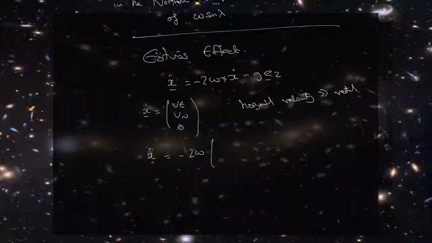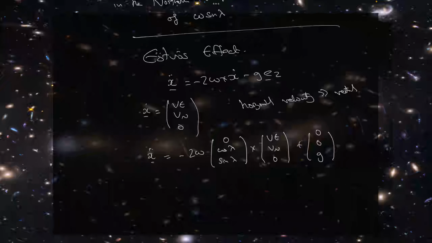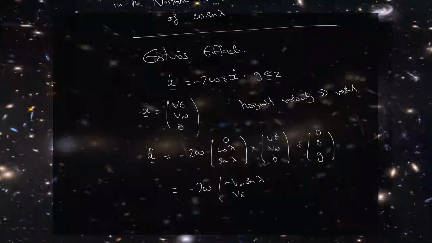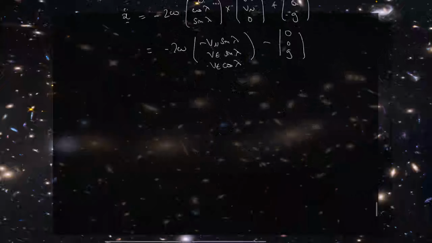X double dot is minus 2 (omega naught cos lambda, sine lambda) cross (ve, vn, 0) plus (0, 0, minus g), which gives minus 2 omega times (minus vn sine lambda, ve sine lambda, minus ve cos lambda) minus (0, 0, g). In particular, z double dot is 2 omega ve cos lambda minus g, which is minus g effective.